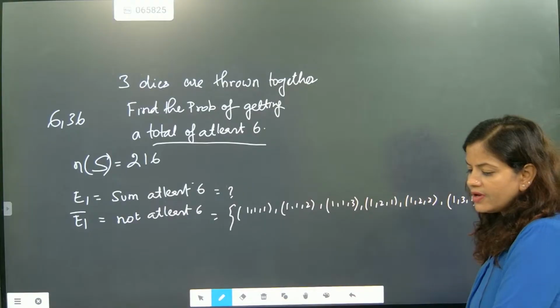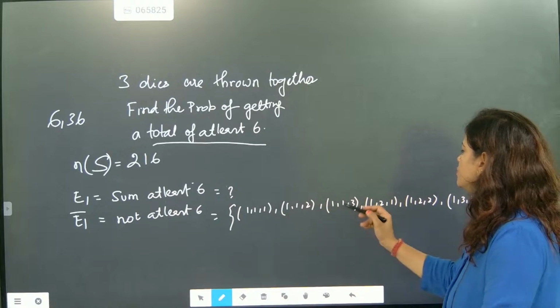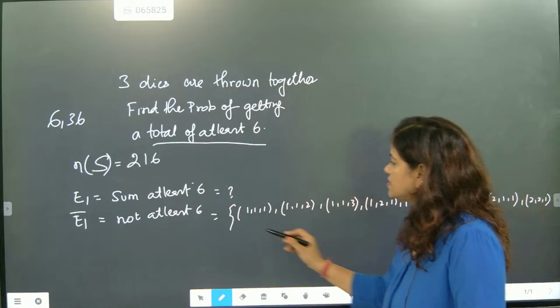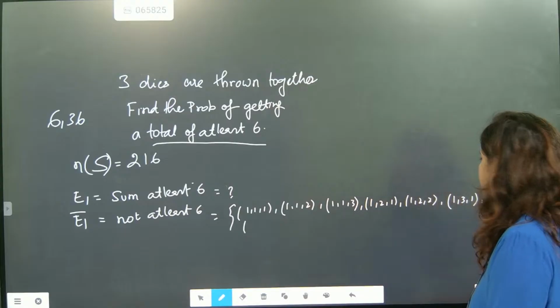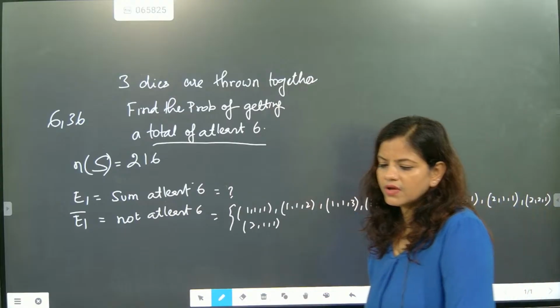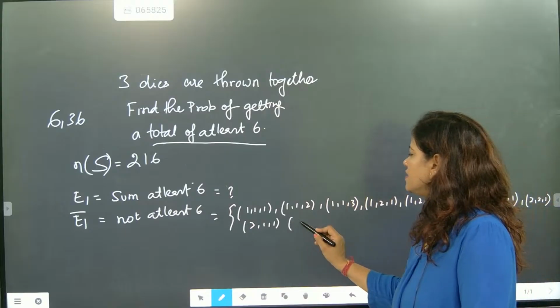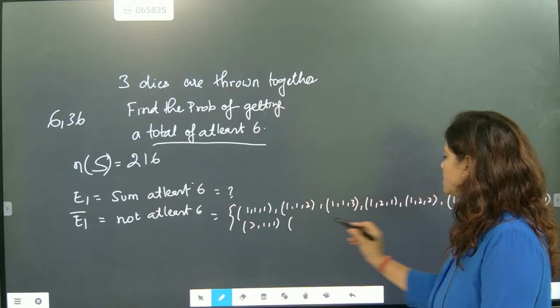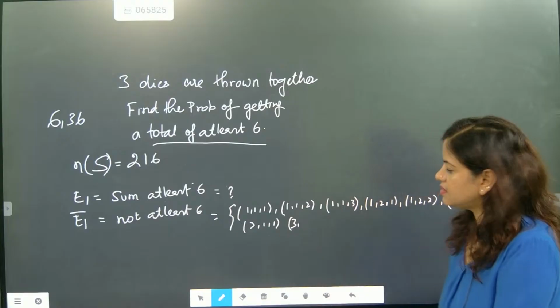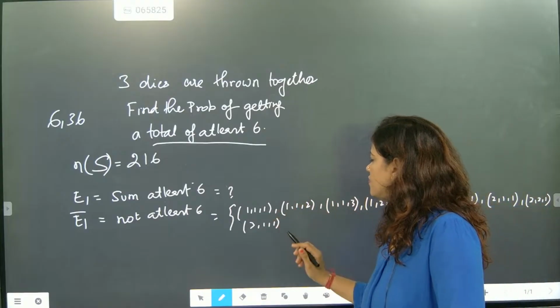Understood? So favorable, how many are there? 1, 2, 3, 4, 5, 6, 7, 8. Is any other number there? Can I write 311? 311, okay. After that, can I write 313? 321 we can't take.